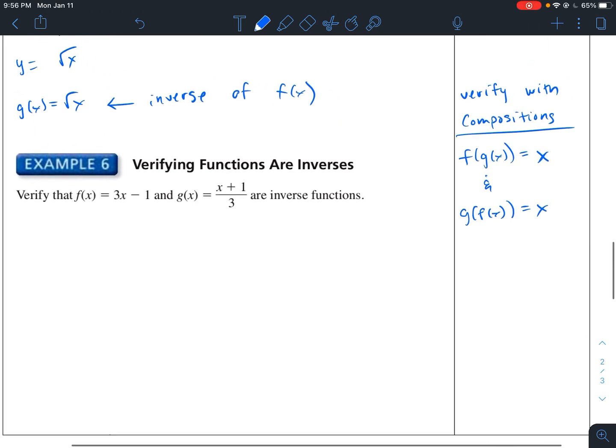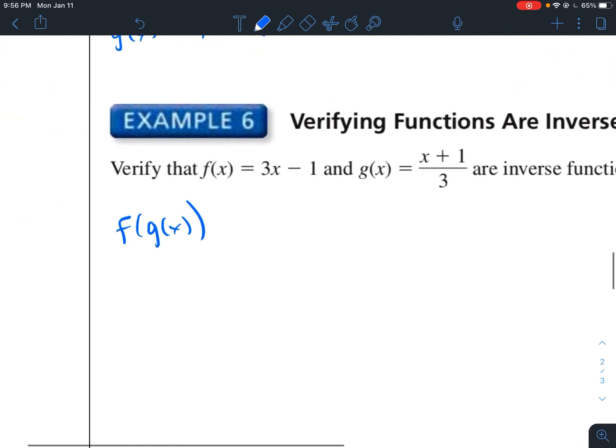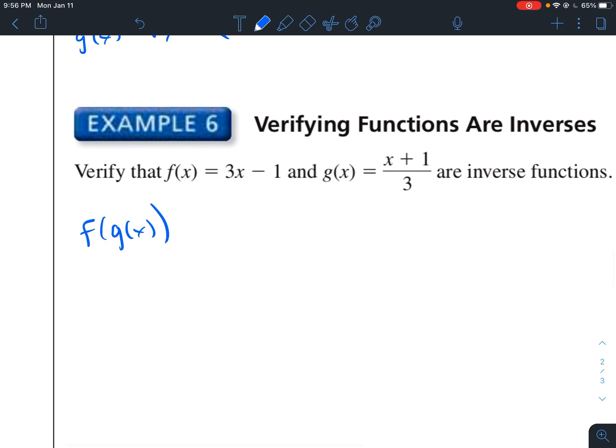So we're going to do f of g of x, and we did this last time. So this means we're going to take g of x and plug it into f of x. So this is equal to f of, this will be 3 times g of x minus 1.